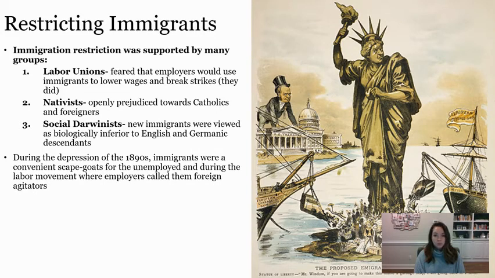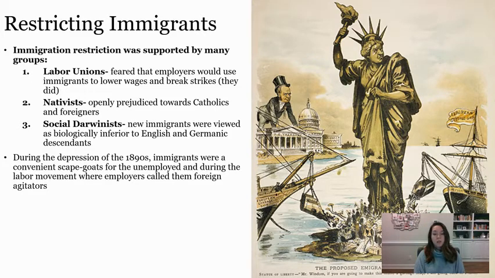Social Darwinists also believed that within society these new immigrants were racially inferior, socially inferior, biologically inferior. And so therefore they were just going to live in poverty, and they didn't want that poverty in the United States.